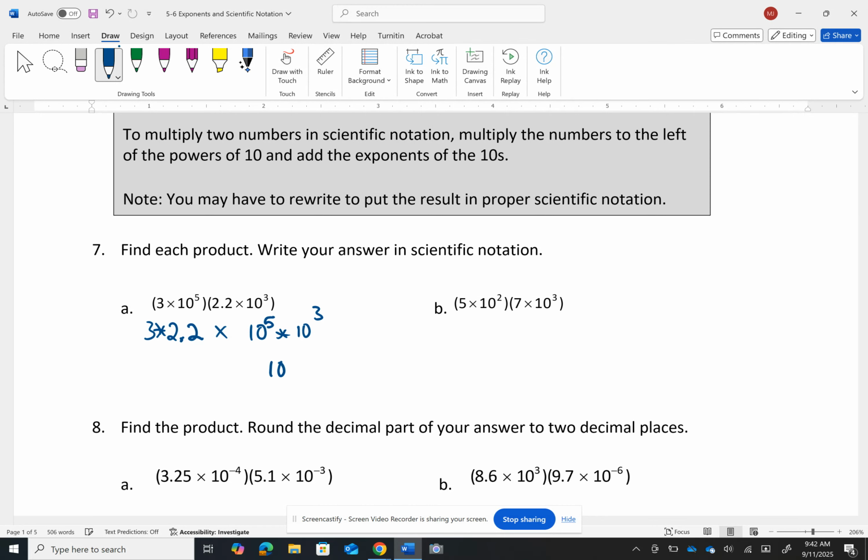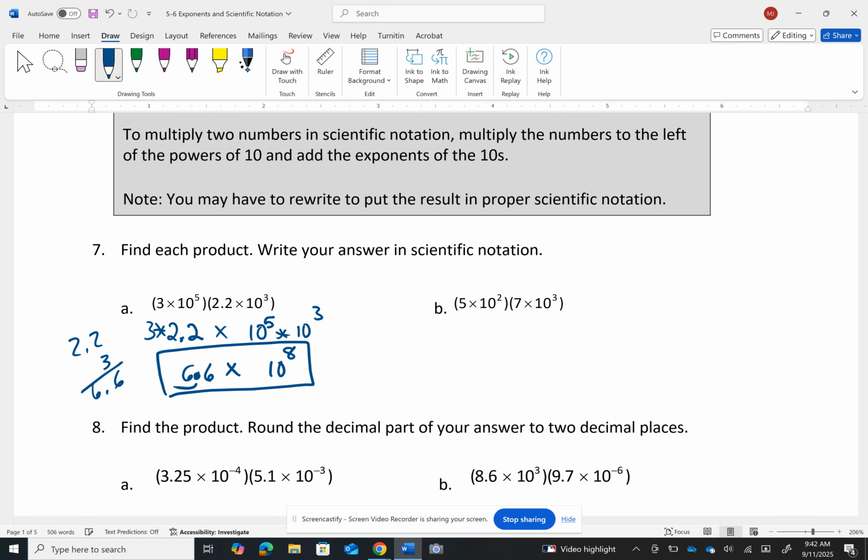So those exponents would get added, and then you just do 2.2 times 3, and you'd get 6.6. And that one's nice and straightforward, because 6.6 does only have one place to the left of the decimal. So this really is in scientific notation, and we're done.